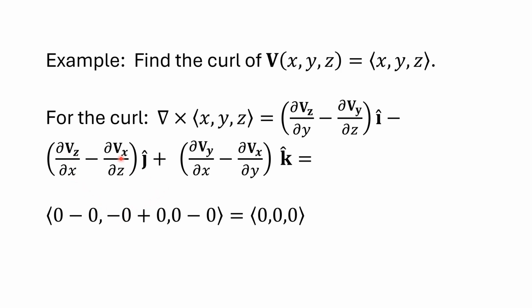And then we get the negative from here, so the two negatives make the positive one here. The partial with respect to z of Vx is 0. And then we get the partial with respect to x of Vy is 0, minus the partial with respect to y of Vx is 0, so 0, 0, 0. So this field is not rotating.